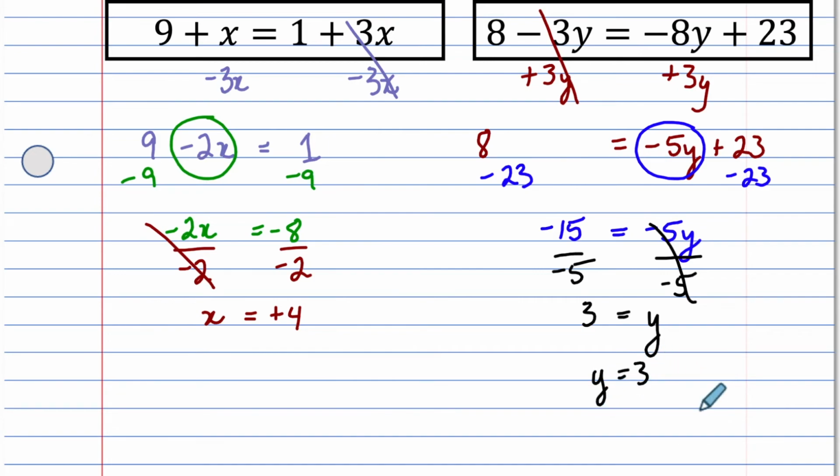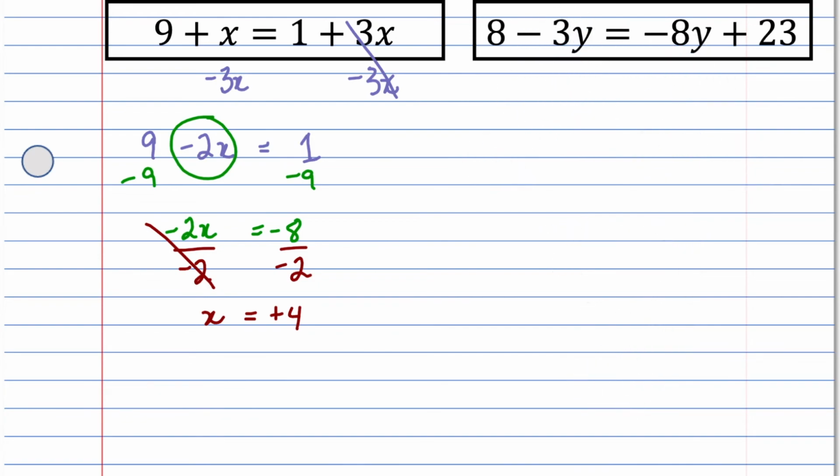Now what would happen if we ended up adding 8y? Remember our answer was 3. Let's add 8y, both sides. Now we have 23 on the right, 5y, and an 8.